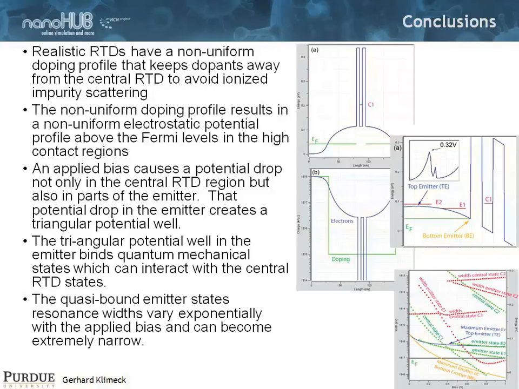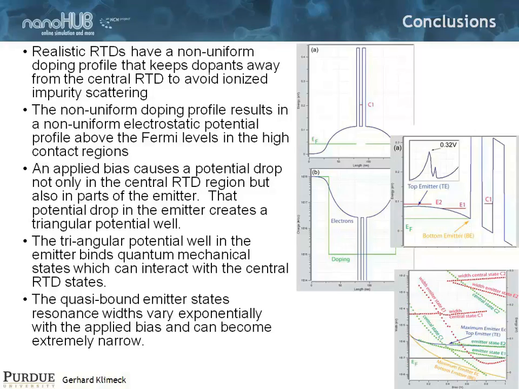An applied bias causes a potential drop not only in the central RTD region, but also in parts of the emitter. That potential drops in the emitter and it creates a triangular well. And that triangular well binds quantum mechanical states that interact with the central RTD.